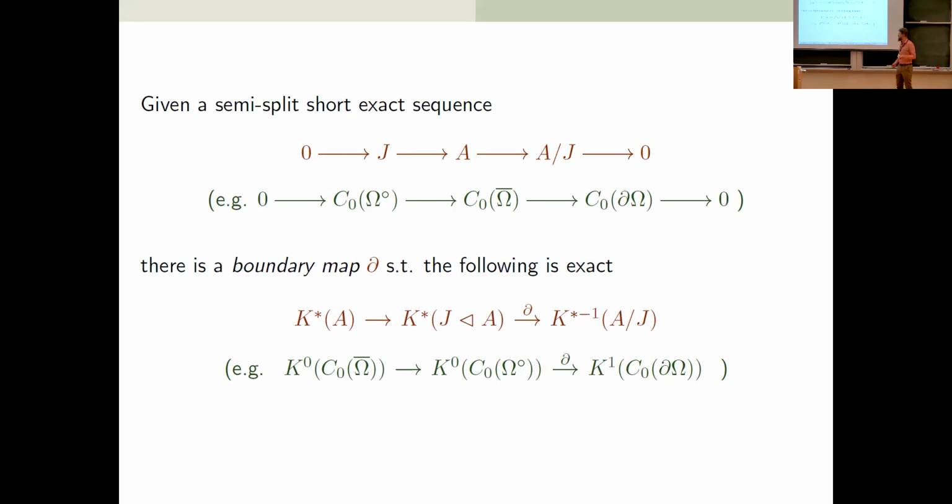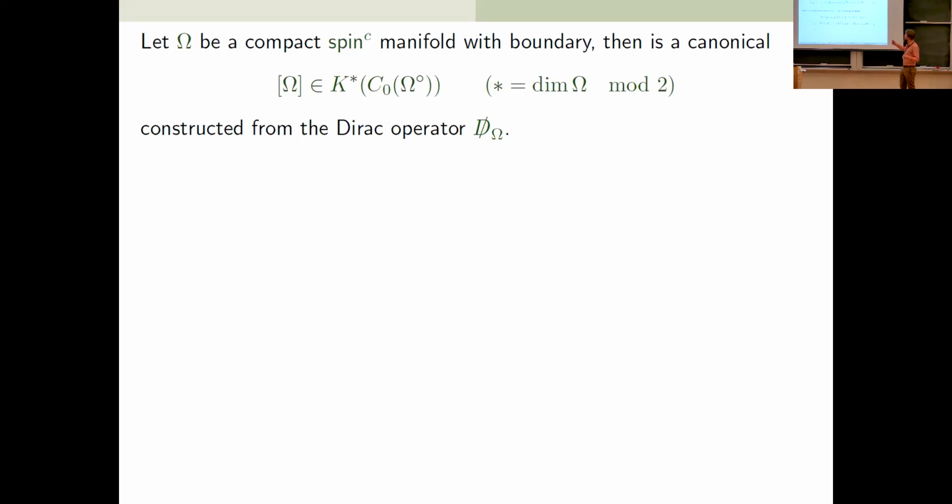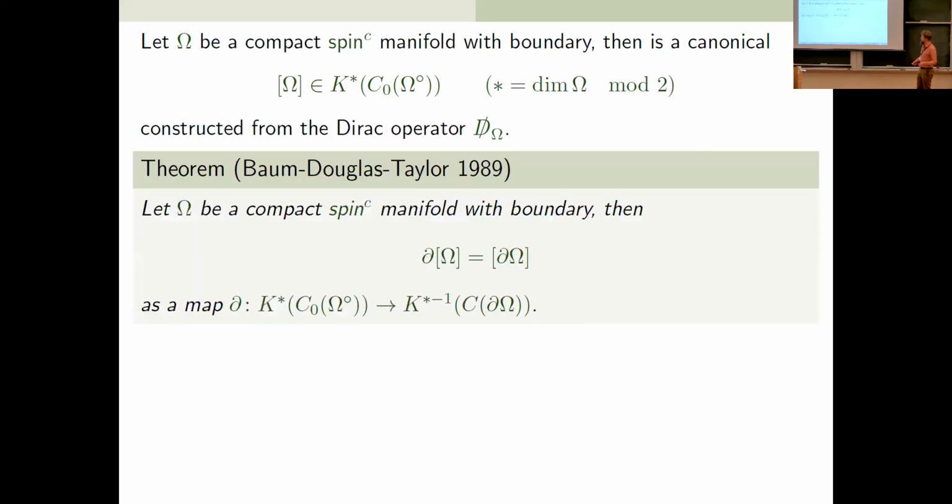And this project is inspired from earlier work, of course. Say you have a compact spin C manifold, then you have this canonical class constructed by a Dirac operator. And then Baum-Douglas-Taylor showed that the boundary map of such a Dirac operator is the Dirac operator on the boundary.